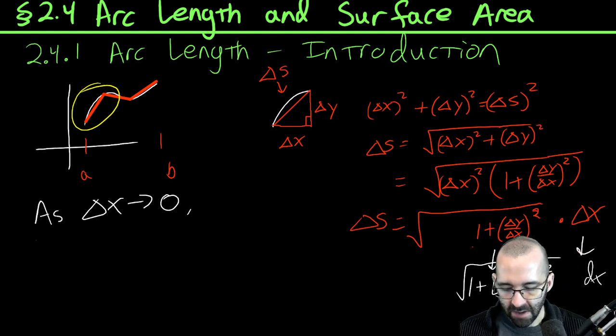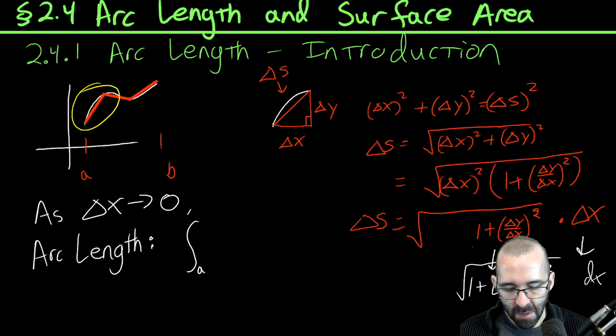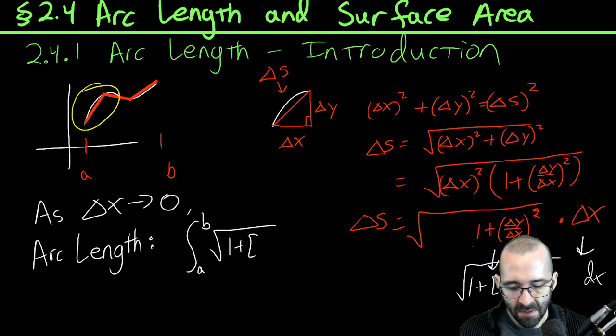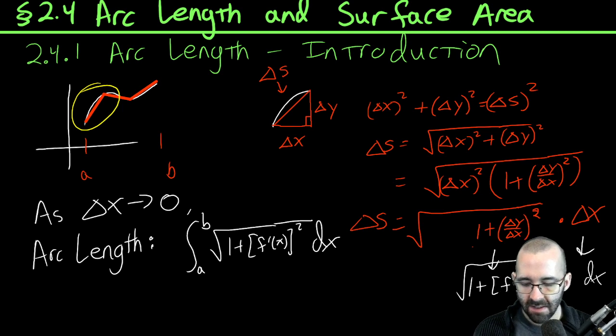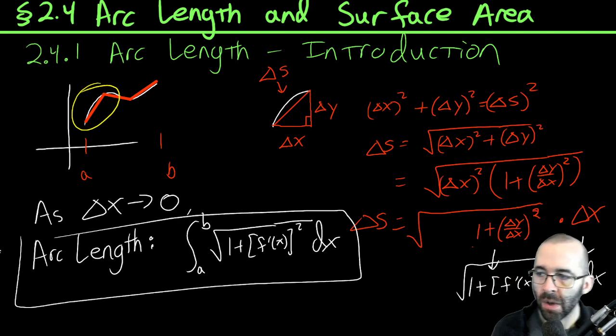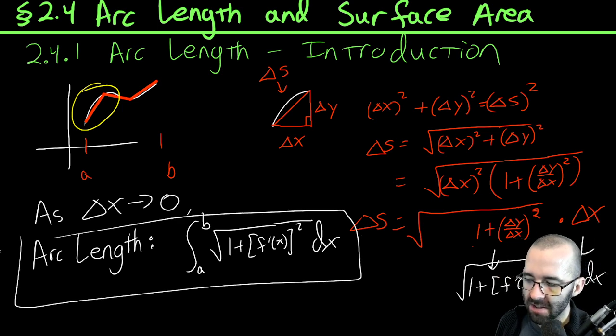So the arc length is going to be the integral from a to b of the square root of 1 plus f prime of x squared dx. That's how we are going to compute arc length in this class.